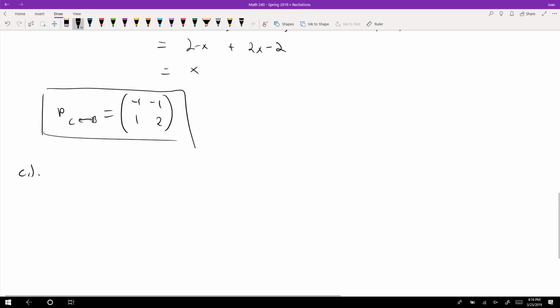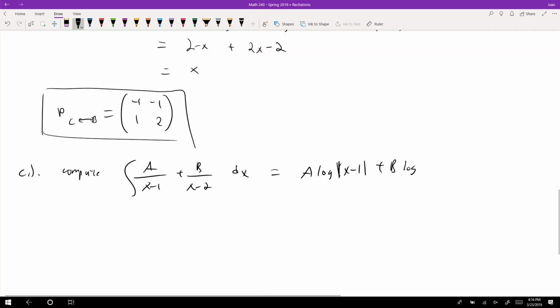Part C is compute the integral of a over x minus 1 plus b over x minus 2 dx, which is equal to a log absolute value of x minus 1 plus b log absolute value of x minus 2 plus C. And so now we want the integral of (2x plus 1) over (x minus 1)(x minus 2) dx.